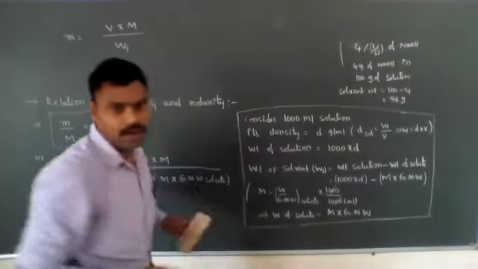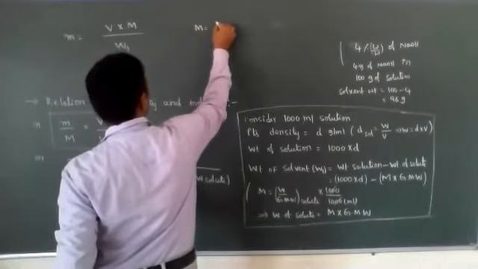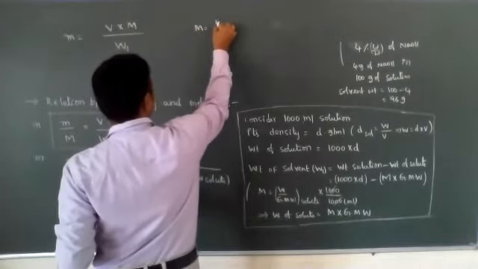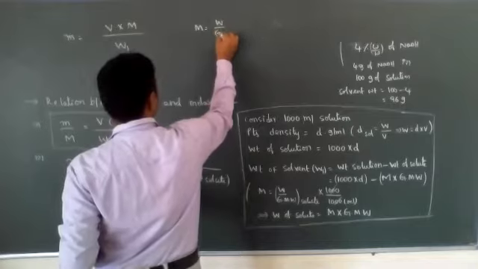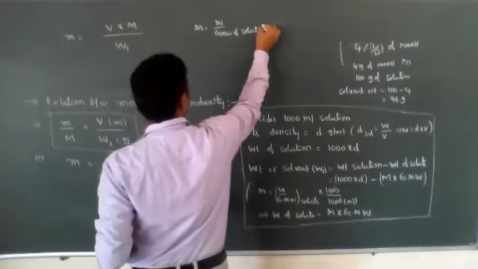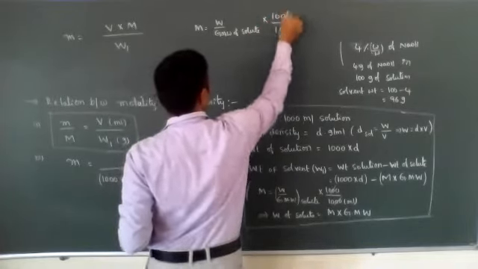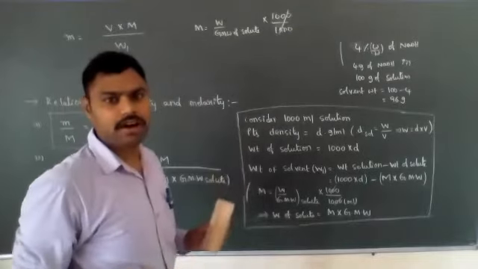Now to calculate weight of solute, we know molarity is equal to, for 1000 ml, weight by gram molecular weight of solute into 1000 by 1000. This 1000 by 1000 will cancel because I considered 1000 ml of solution.